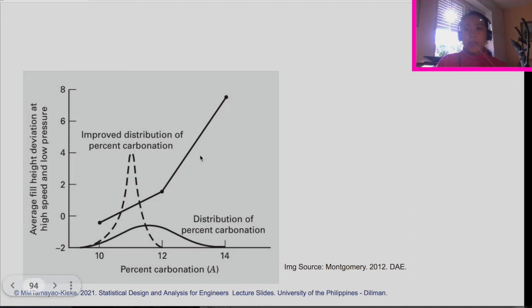Now, to minimize this occurrence, what can be done is to improve the process such that the standard deviation is minimized. So we want this dashed line instead of this flatter one. We want to minimize the standard deviation while targeting lower carbonation levels so that we can stay within this range of average fill height deviation.